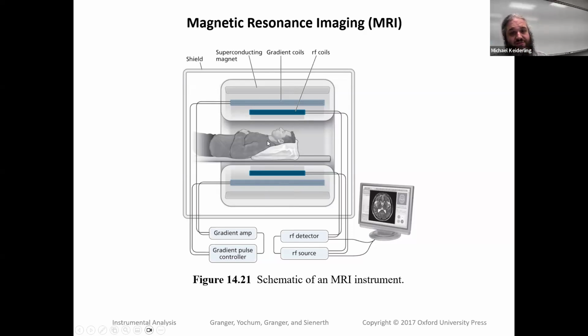And then you can do various slices throughout whatever you're imaging, like a person.